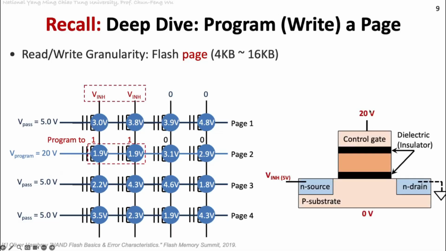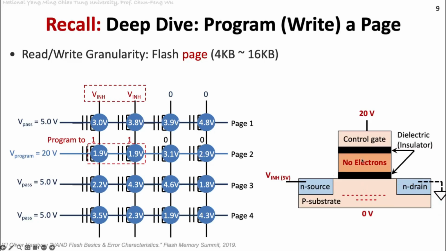Okay, so the idea is like this. With the same 20 volt, a lot of electrons become excited. If there is no inhibition, those electrons will cross the insulator. But because there is another force from the horizontal direction, those electrons, before crossing the insulator, will be forced to move out of the N region, because another force, like a 5 volt force, makes it hard for them to cross.